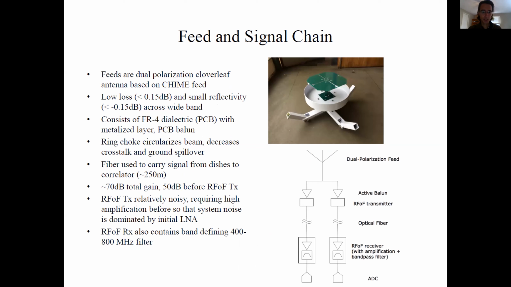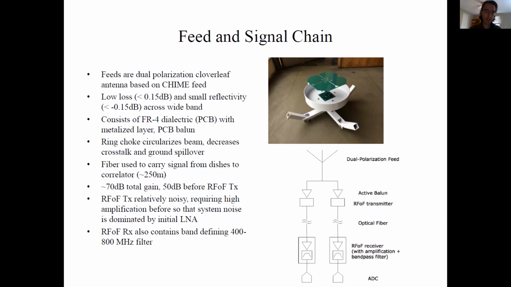So we have this very wide bandwidth of 400 to 800 megahertz, so we can get a large chunk of redshift. So that's driven our design for the antennas. We have these cloverleaf dual polarization antennas with very low loss and low reflectivity across our band.